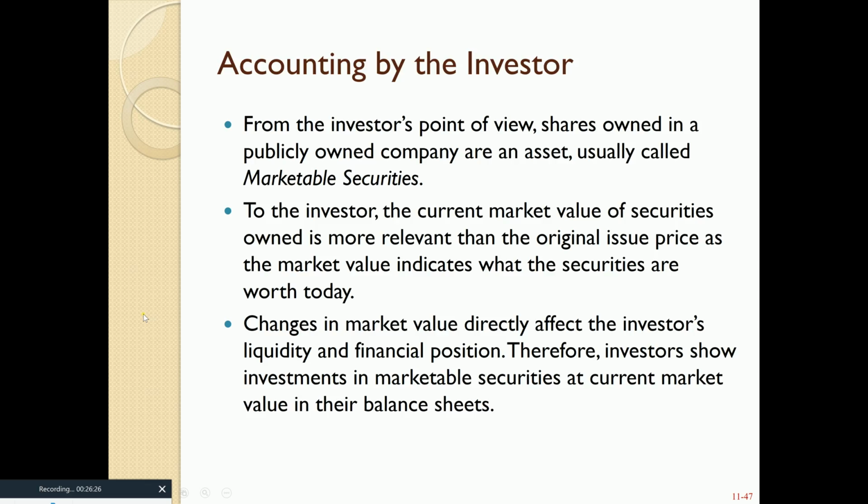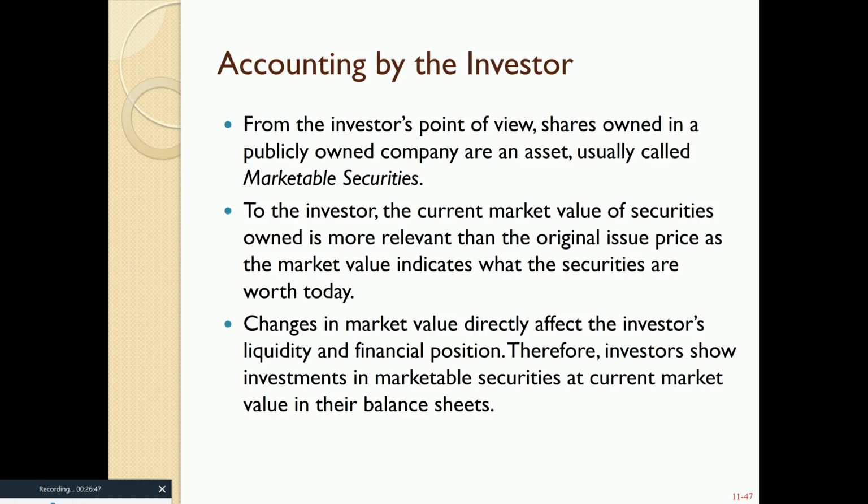Now, the investor, you're going to see this on the balance sheet as an asset. If we are a company and we own shares of another company, we have an asset called investments. In the prior chapter, we called it marketable securities, if you remember that.